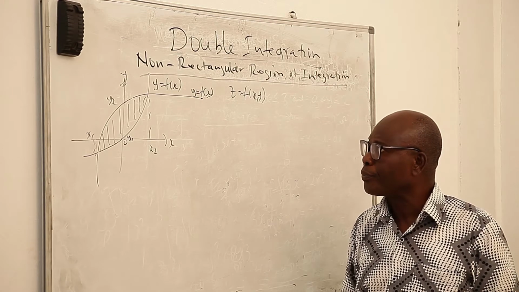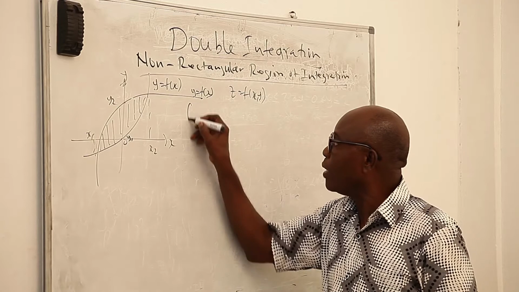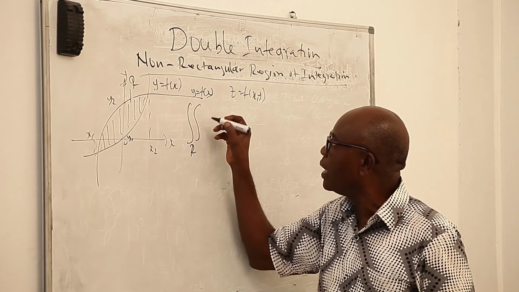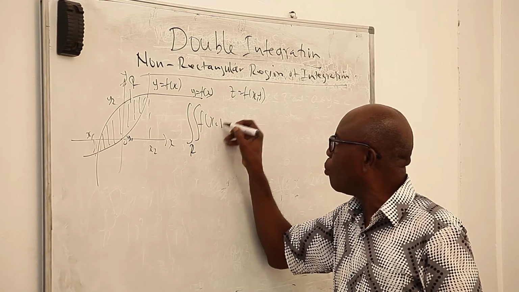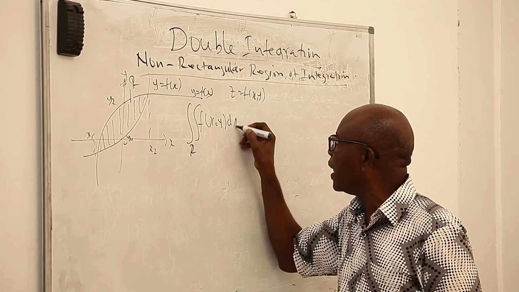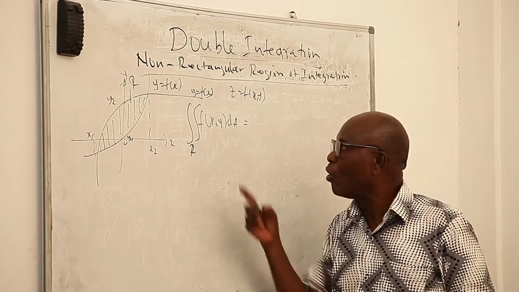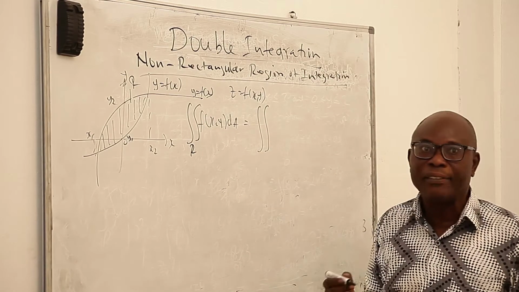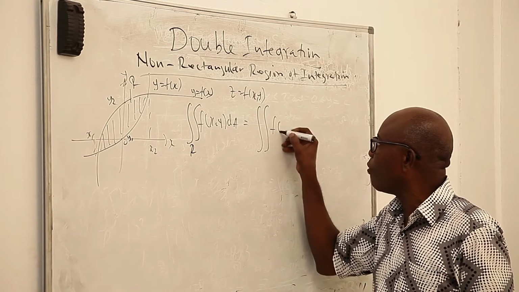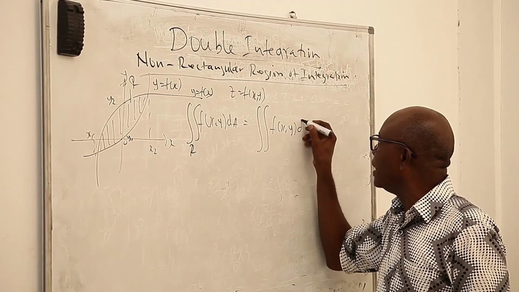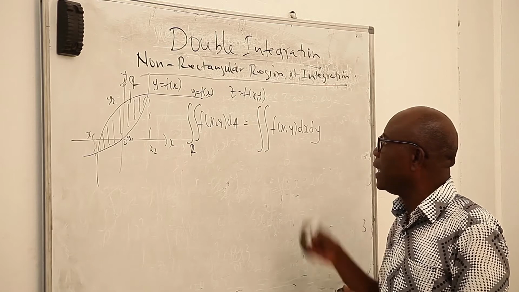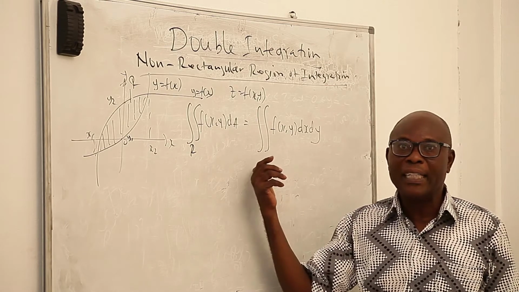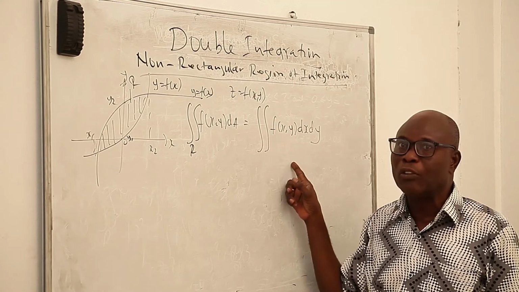And so the double integral about the region R, f of x and y dA, as we said, can also be written as an iterated integral, f of x and y dx dy. Dx dy means that we have to formulate the iterated integral first with respect to x.